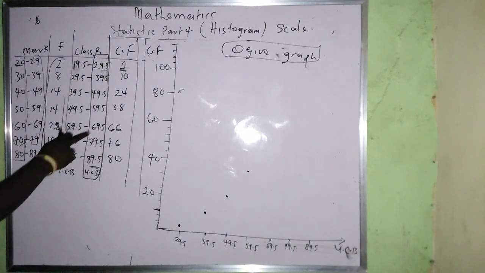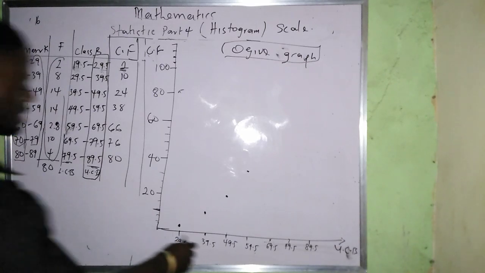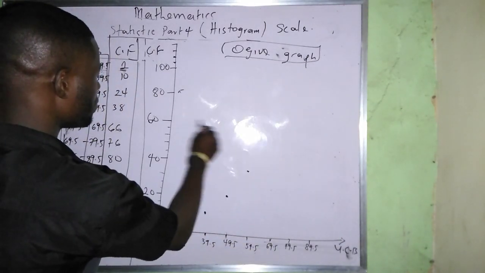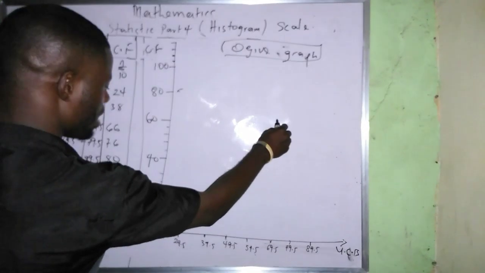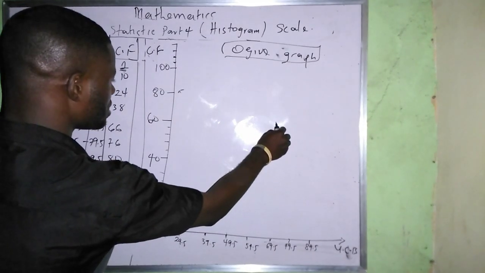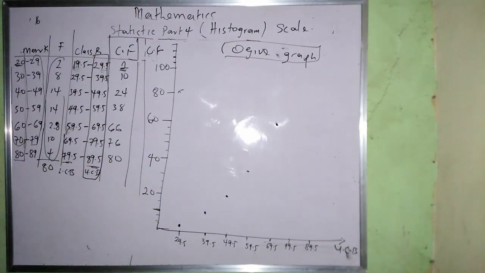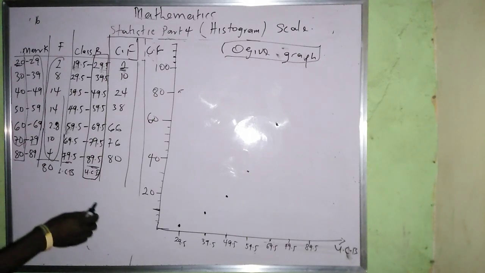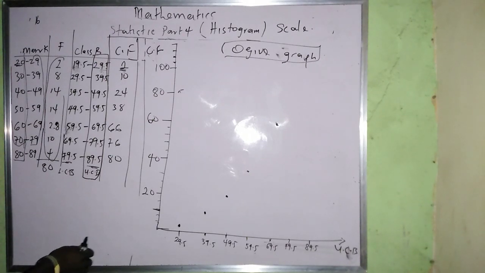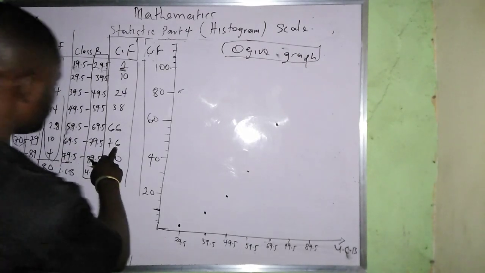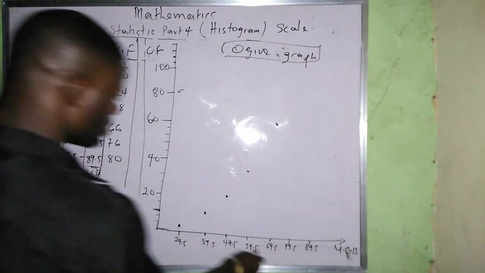When it is 69.5, it is in 66. 66 is above 60, it will be around here. It's a sketch, I'm just sketching. When it is 79.5, it is in 76.